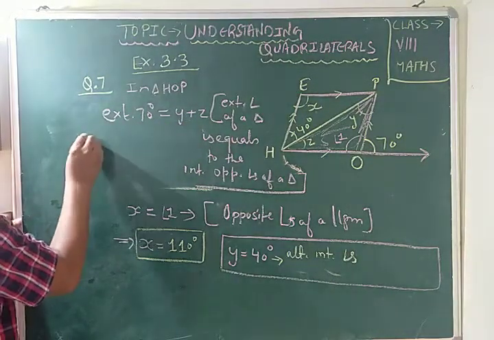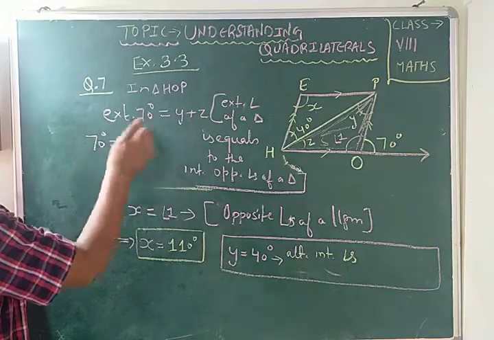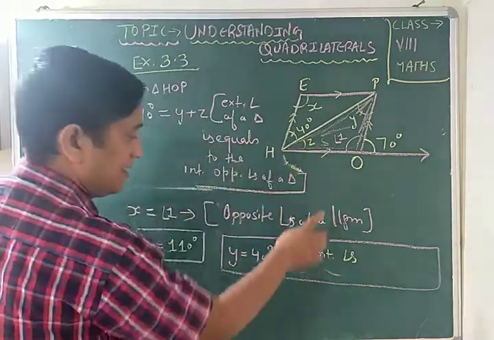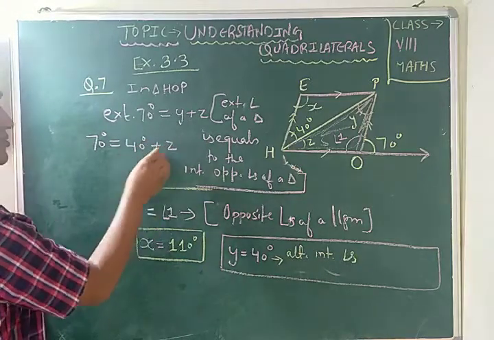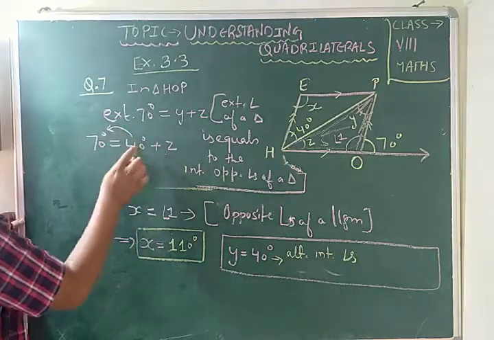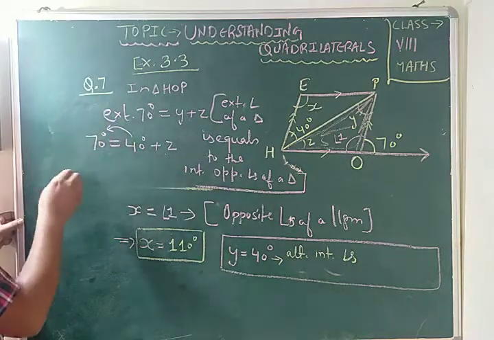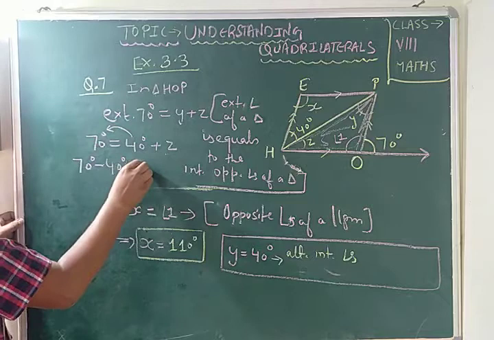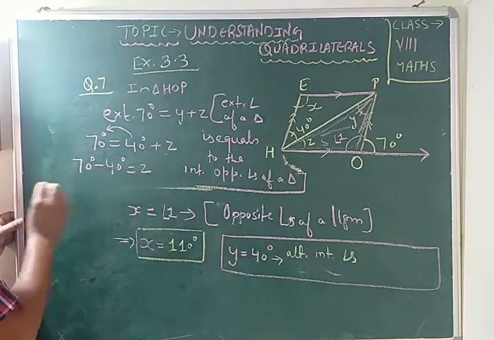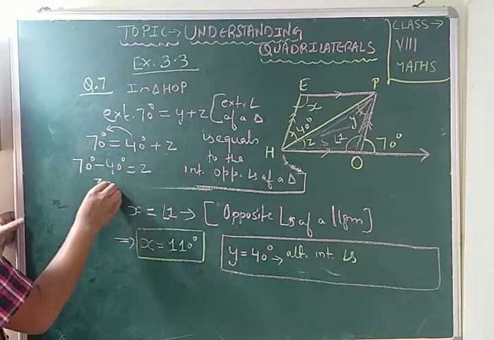So it means 70 degrees is equal to the value of y, 40 degrees, plus z. So z is equal to, now we will transpose this 40 to the left hand side, 70 degrees minus 40 degrees is equal to z. 70 minus 40 is 30 degrees.